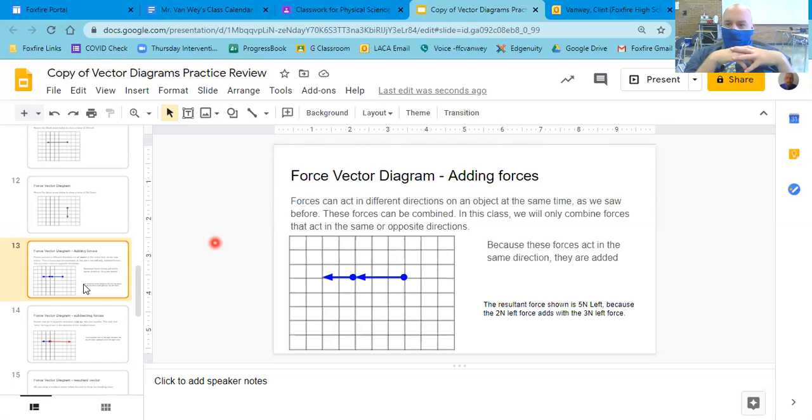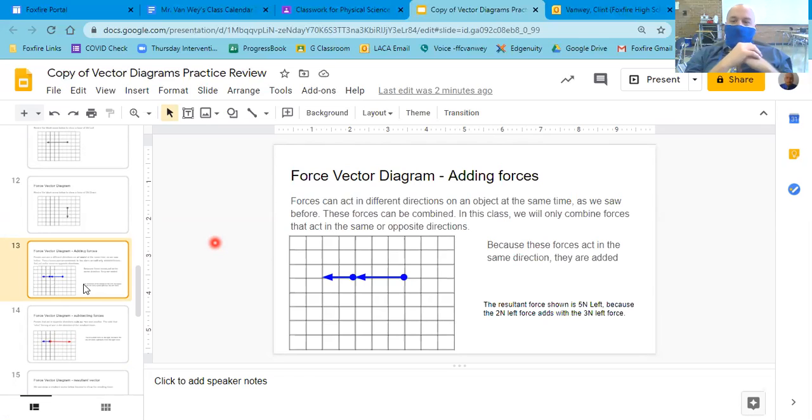Inside of our physical science class, we're only going to talk about forces that act in line with each other. We're not going to talk about forces that act off angle from each other or otherwise not parallel. In a physical science class, we're only going to talk about parallel forces. The forces that act on the same plane, the same line.